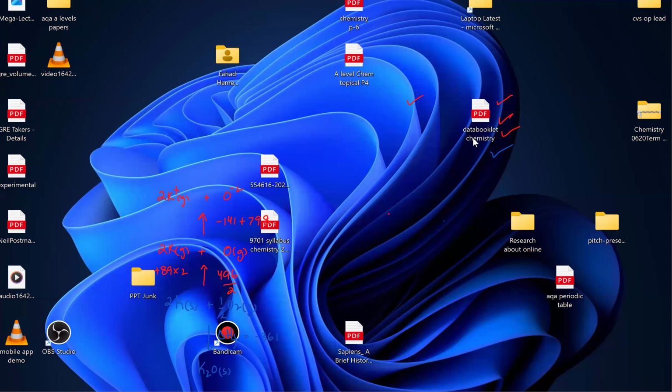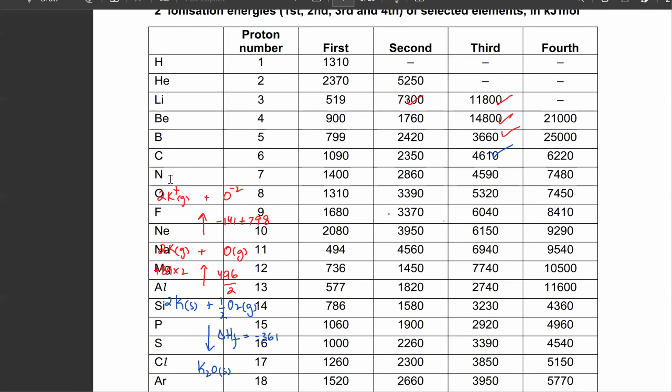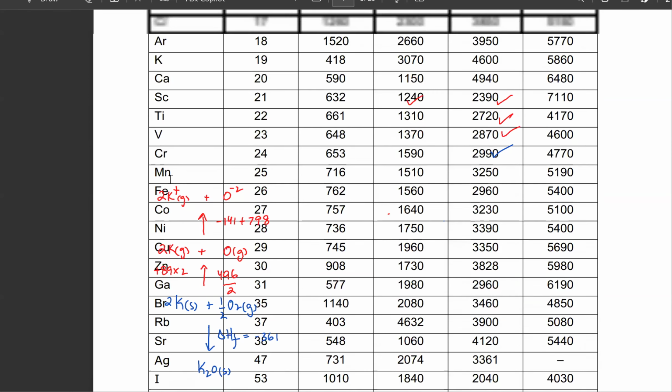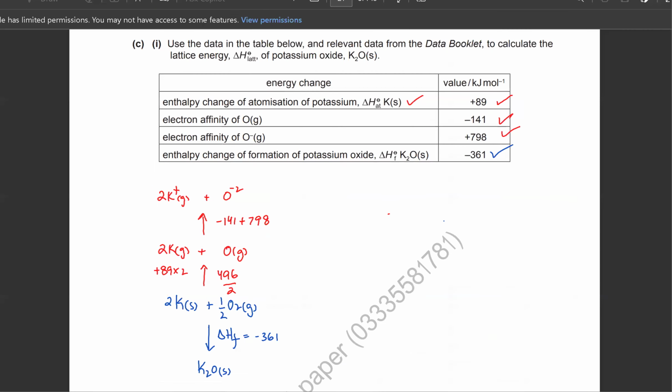So we need to look up the data booklet. It's going to be somewhere over here. Potassium is with K. K is over here. It's given as 418, right? So this value is 418 times 2 because you're ionizing 2 potassiums.